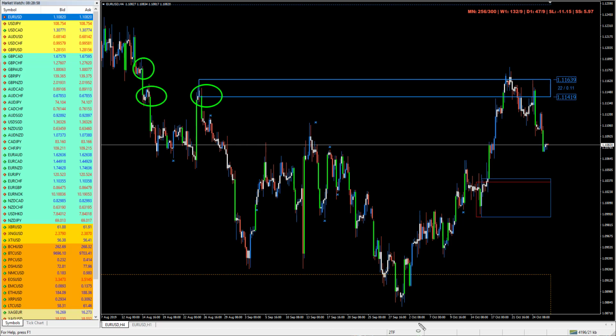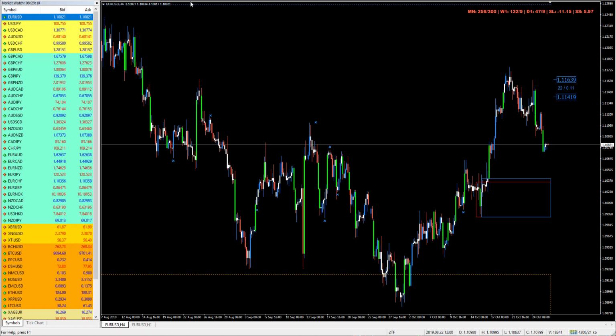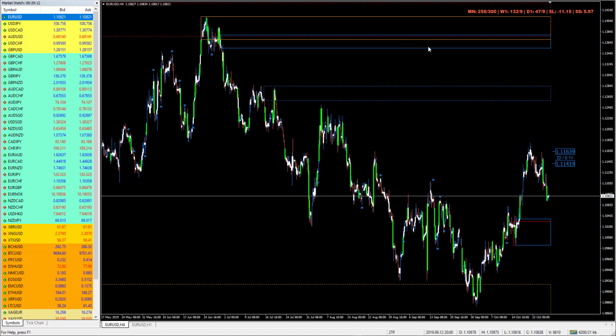And the reason this is interesting for us is because if we zoom out just a little bit and we focus on historically respected areas that have been consumed and are no longer valid, if you notice, we had a lot of tests down in this area here.